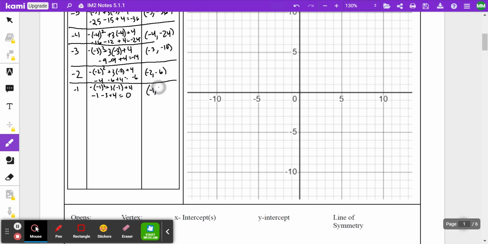So the point negative 1, 0 is on my graph. 0, negative of 0 squared plus 3 times 0 plus 4 is just 4. So the point 0, 4 is on my graph. 1, negative of 1 squared plus 3 times 1 plus 4 is negative 1 plus 7, which is 6. So the point 1, 6 is on my graph.